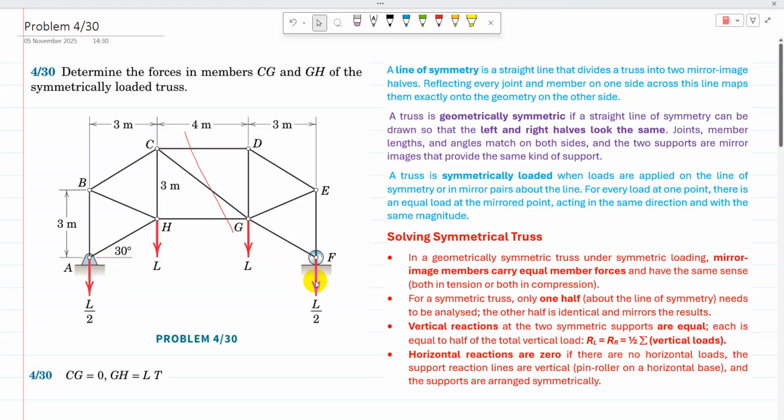So I can simply write one as Ay and the other as Fy. Both are equal to half of the total load.